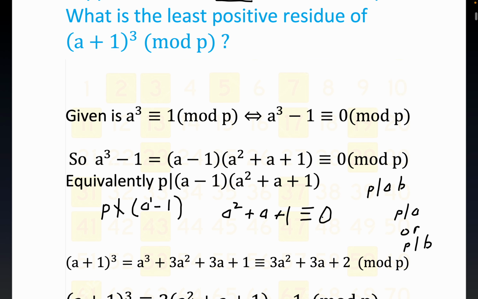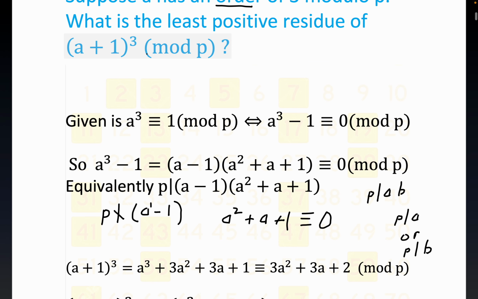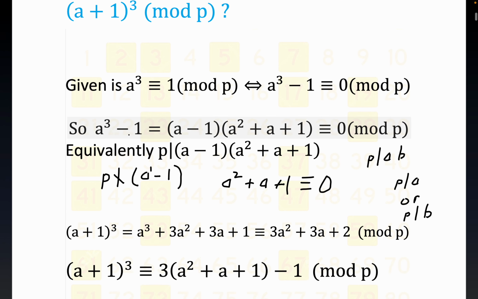All right, now, we're looking for the least positive residue of a plus 1 quantity cubed. So we appeal to the factorization, or the trinomial expansion if you want to call it that, or the binomial expansion with the power of 3 here. And when you expand this out, you get this well-known result.